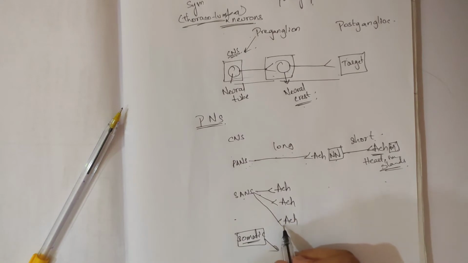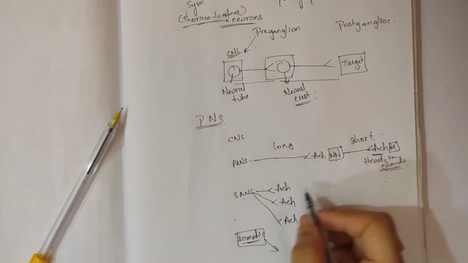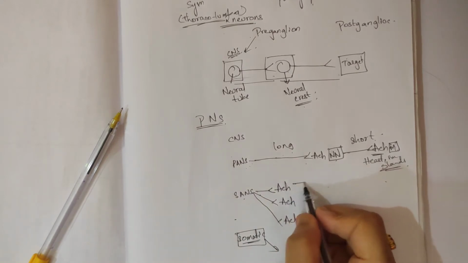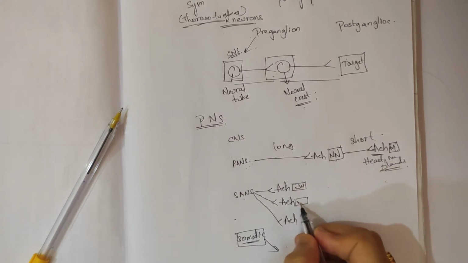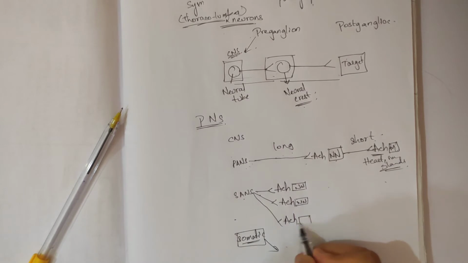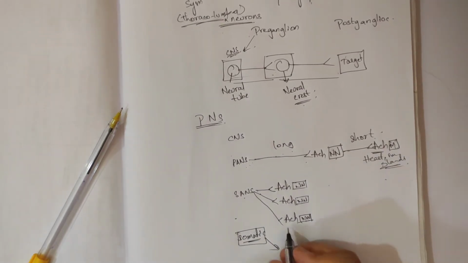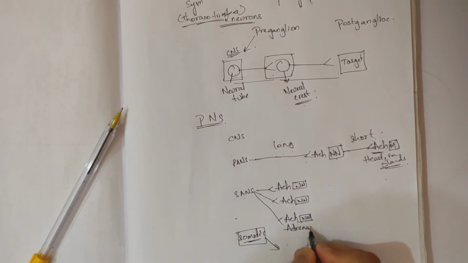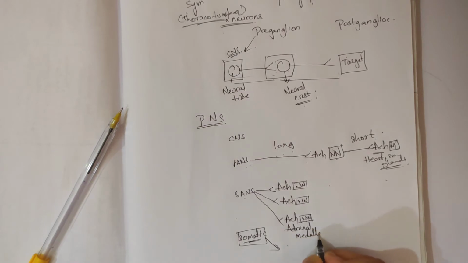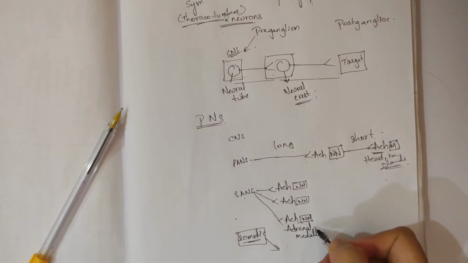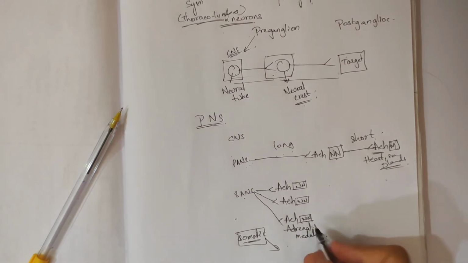So this acetylcholine has the same nicotinic receptors as parasympathetic. For example, if we take the adrenal medulla, we talked about this adrenal medulla, that is chromaffin cells migrate into the adrenal medulla to form these postganglionic neurons. Yeah, that is it.